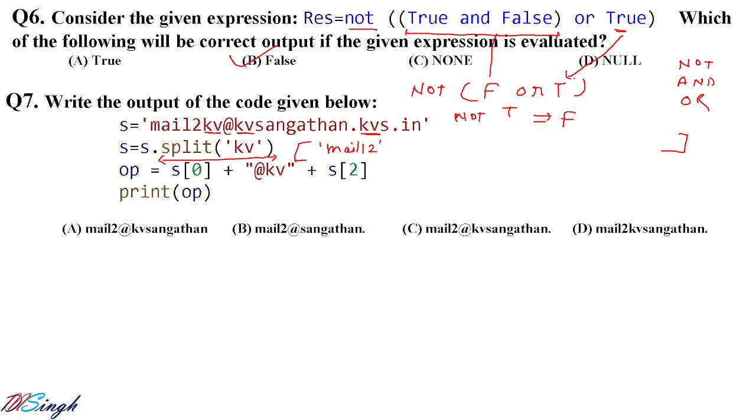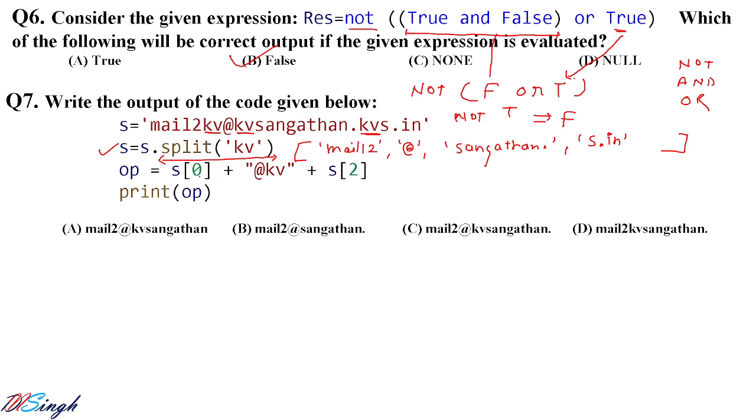Then KB, so this is a delimiter, it is going to remove that, and then the next element will be at the rate. After that again it will have the delimiter. So there you will have what? Sangathan dot. So the next element will be Sangathan dot. After that again you have a delimiter KV, and then you will have s.in. So this is how your s variable will be updated while this split function runs.